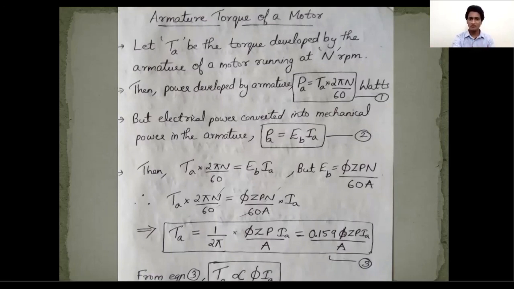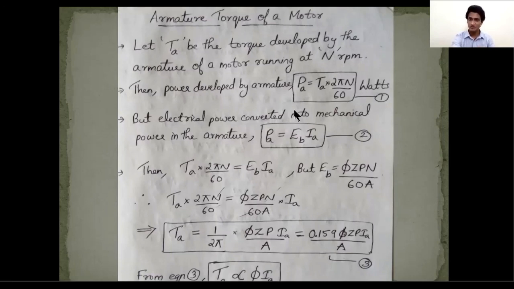Now let us have a look at the power developed in the armature. As we know, let TA be the torque developed by the armature of a motor running at N rpm. From the basic equation, the power developed by the armature, that is P, is equal to T omega, or T into 2 pi N by 60. Here PA is equal to TA into 2 pi N by 60, unit is watts.